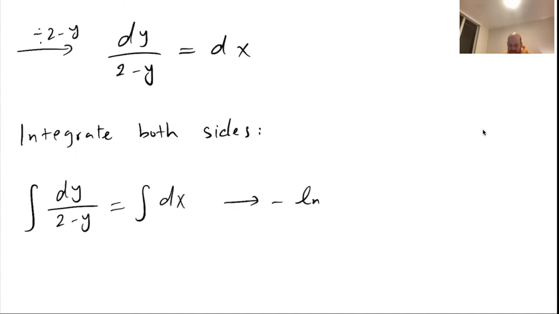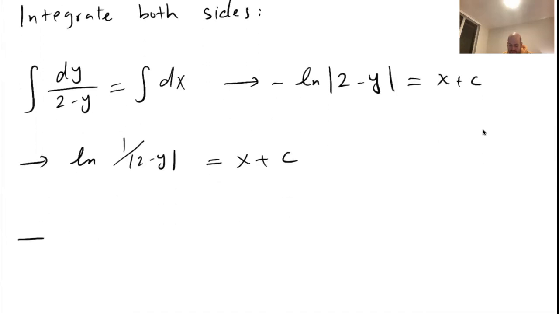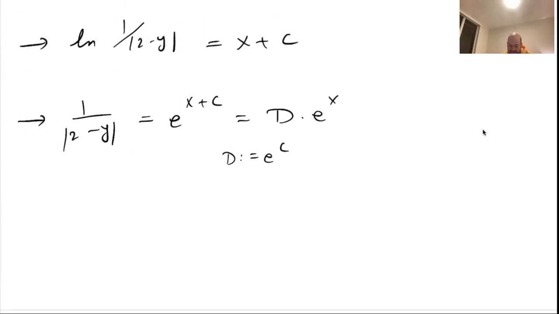So that means minus ln absolute value 2 minus y equals x plus c, which means ln 1 over absolute value 2 minus y equals x plus c. And that means 1 over 2 minus y in absolute value is equal to e to power x plus c, which I can write as d times e to power x. Here d is e to power c.